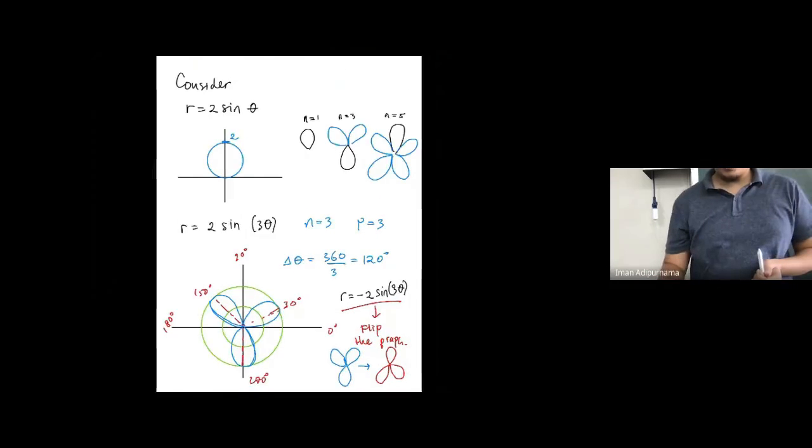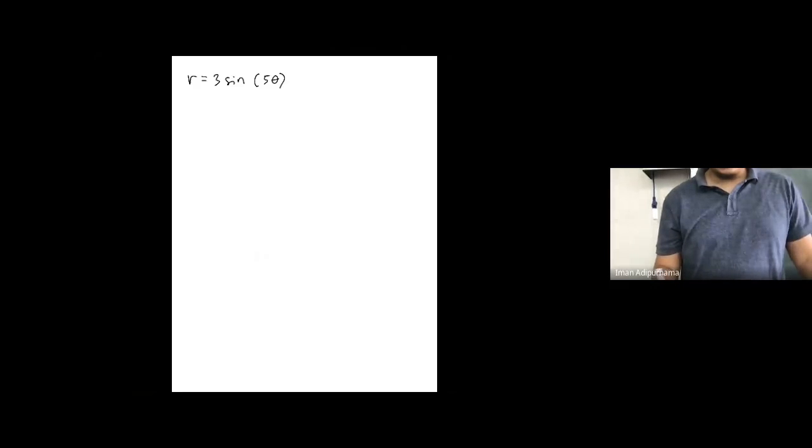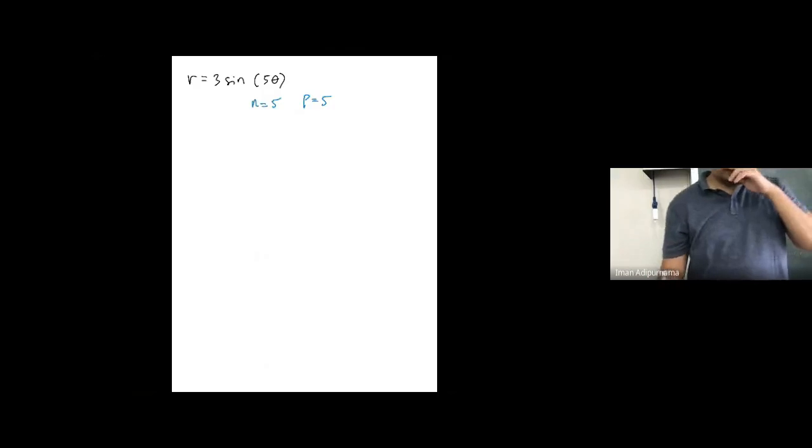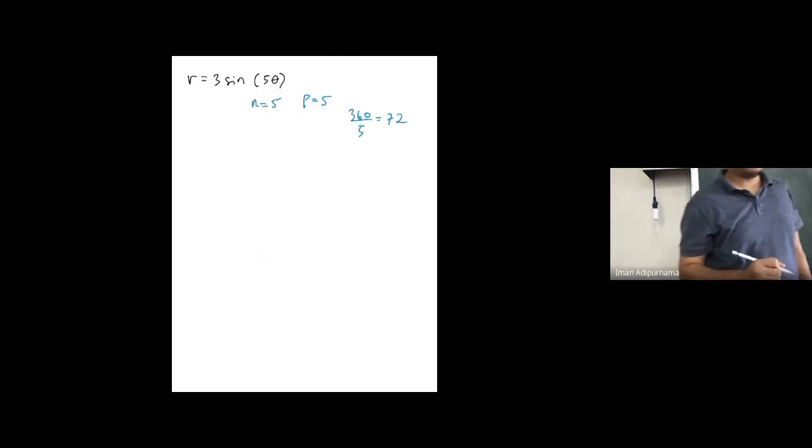Okay, now let me give you another example. r is 3 sine 5 theta. So the n is 5. So the petals should be the same. Okay. And the difference between the petals will be 72 degrees.